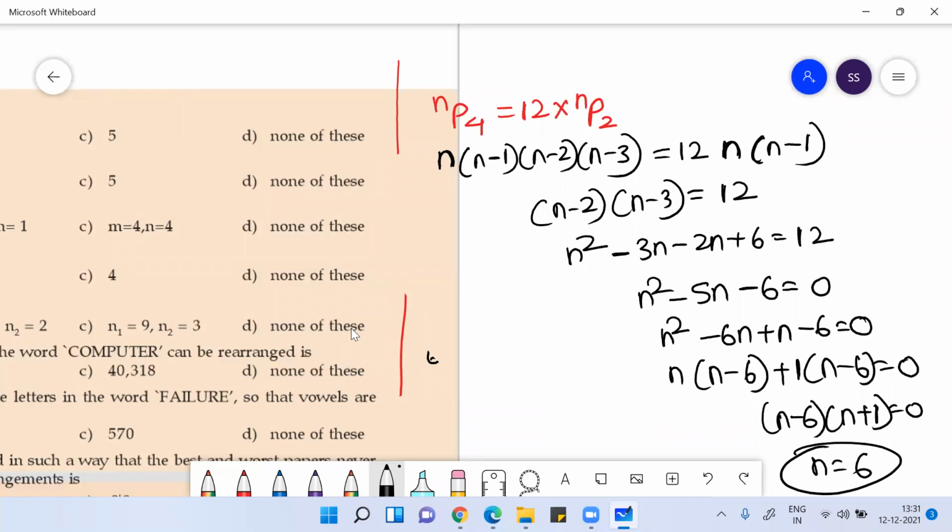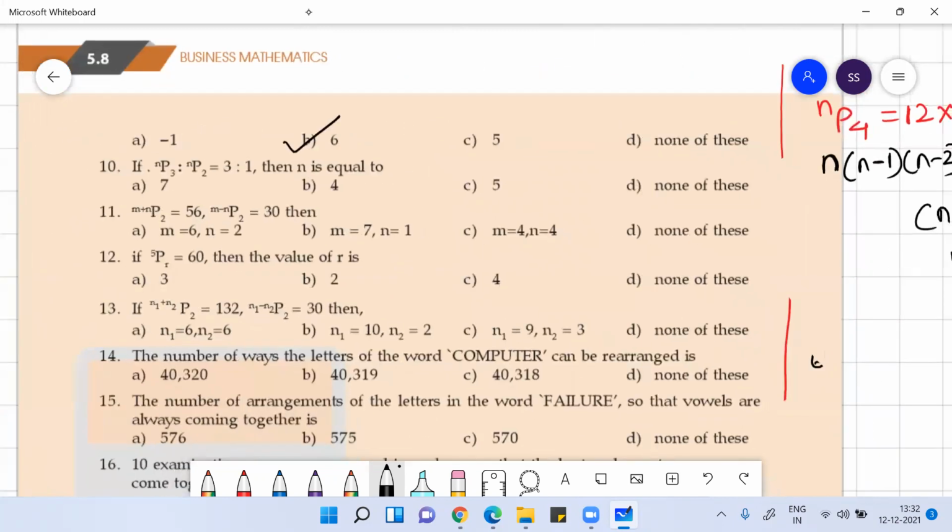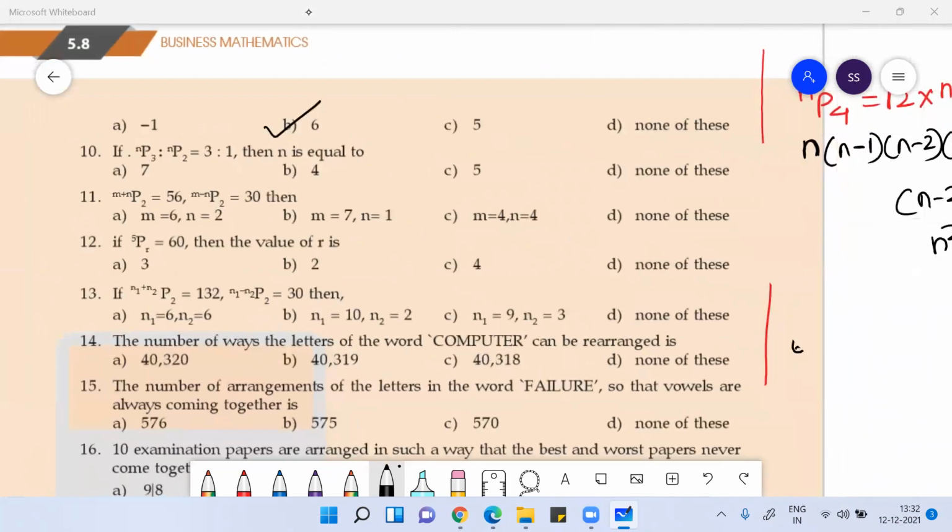Clear, everyone? Anyone doubt? Anyone? Any doubt?